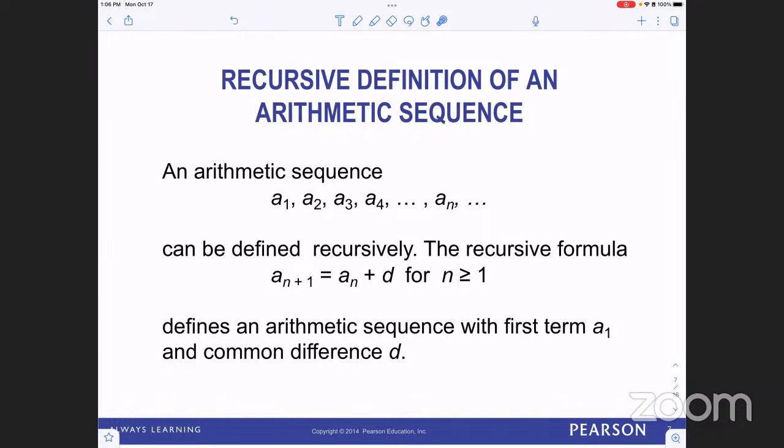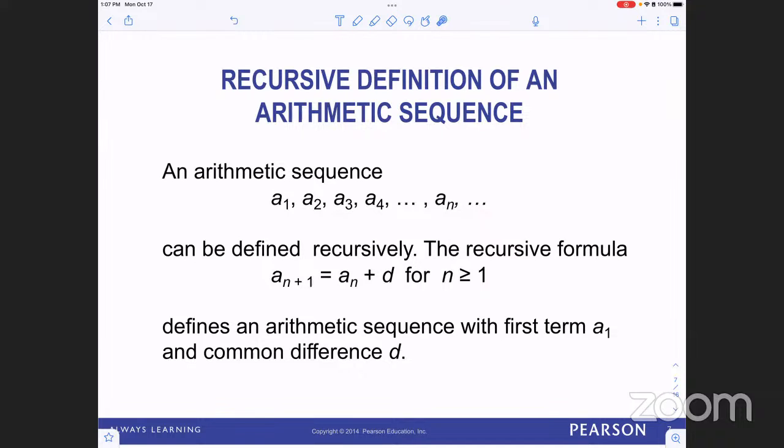So now we've introduced arithmetic sequence, or arithmetic progression, where we're adding the same thing each time. We touched on this last time as well: the recursive definition of an arithmetic sequence, which basically feeds back on itself. An arithmetic sequence, meaning we have a common difference and add the same thing at each step, can be defined recursively.